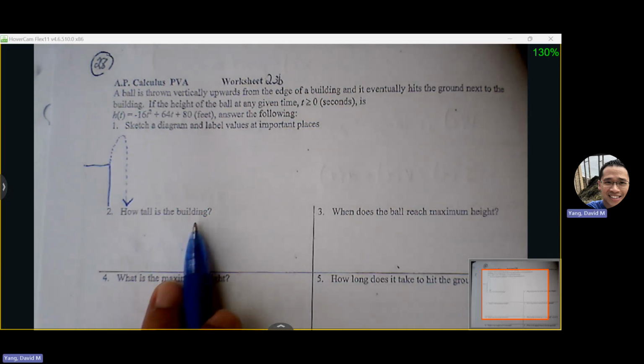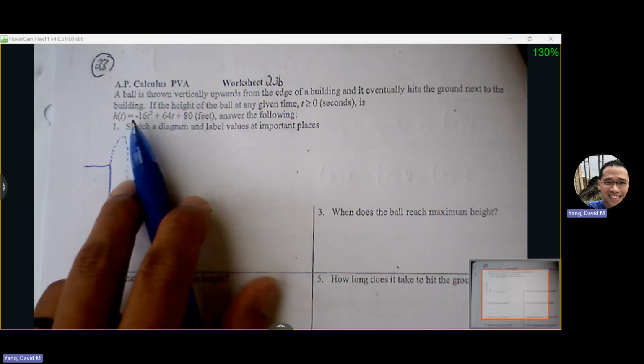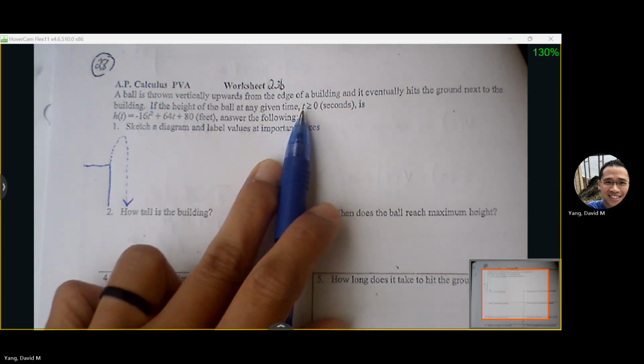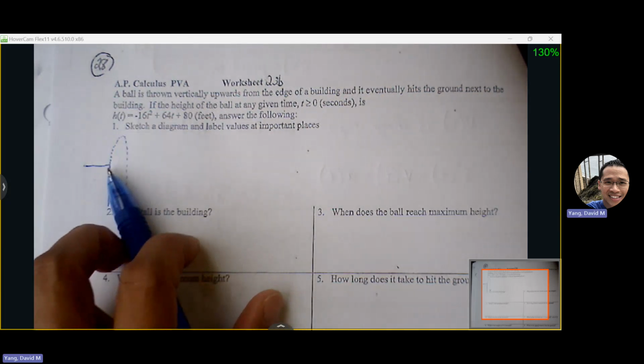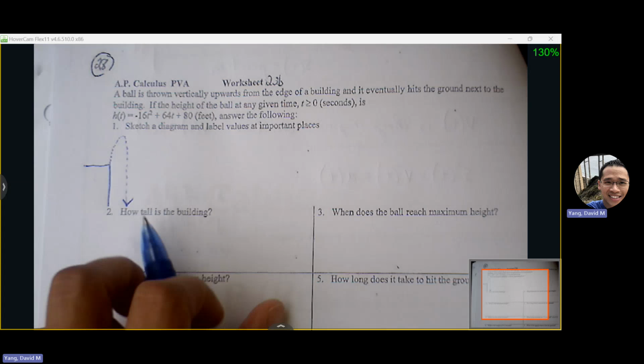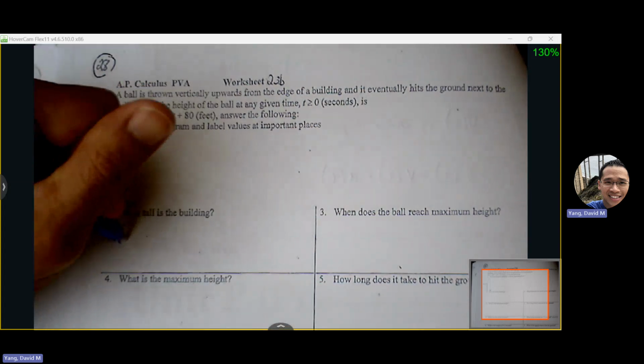Okay, so how tall is the building? We know that the ball is going to start off at the top of the building at 0 seconds. So if I plug 0 in, I can find out the location of the ball, which is also the height of the building as well. So we can say h of 0.